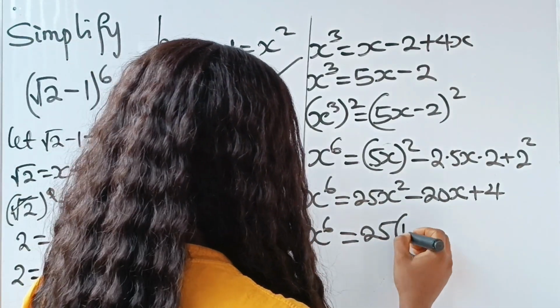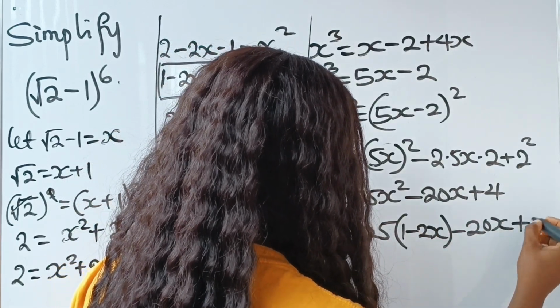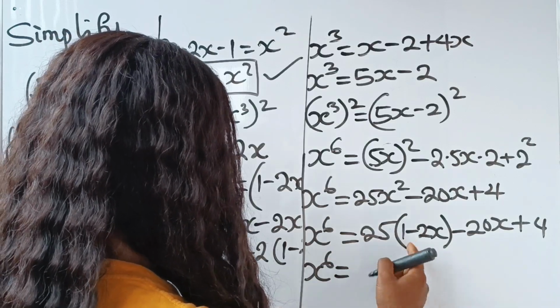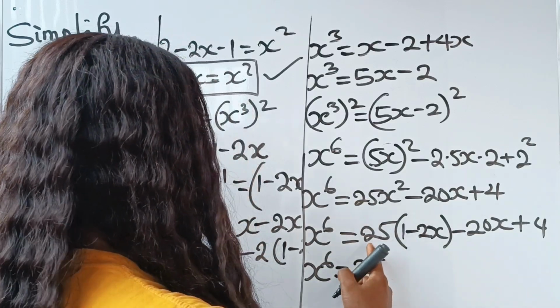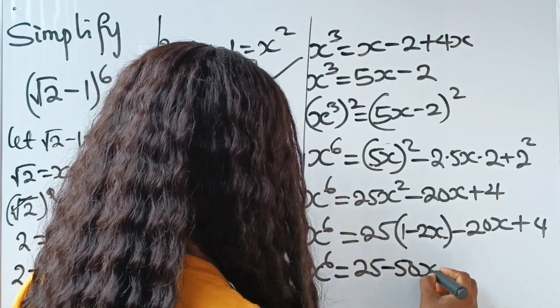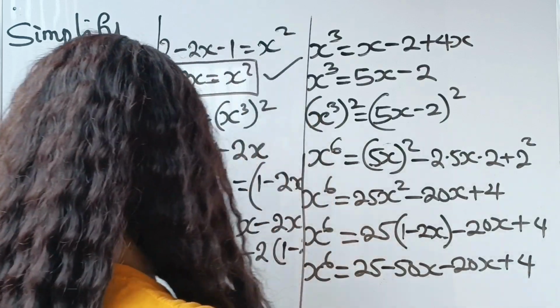So we are going to write 1 minus 2x, minus 20x plus 4. So we have x to the power of 6 is equal to 25 times 1 will give us 25, and 25 times minus 2x will give us minus 50x, minus 20x plus 4.